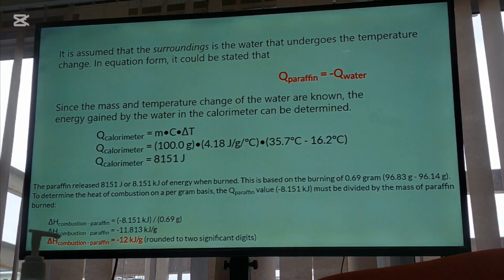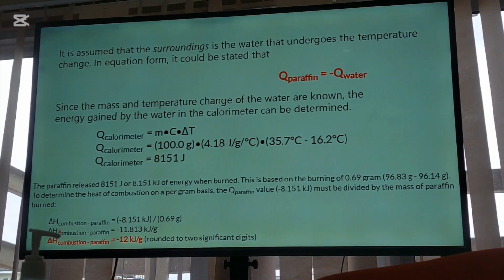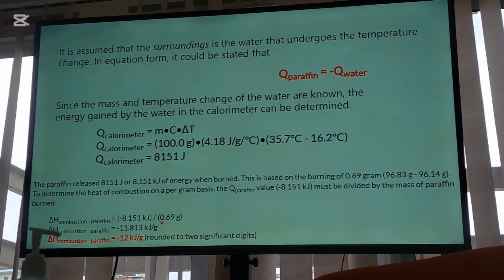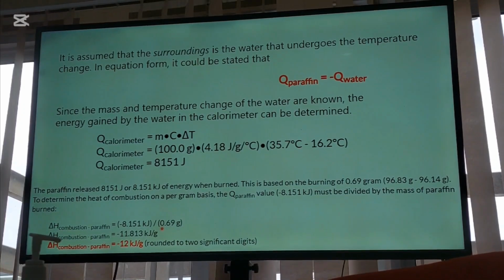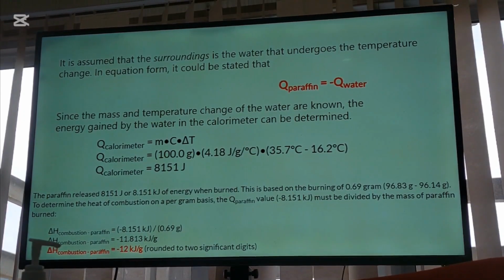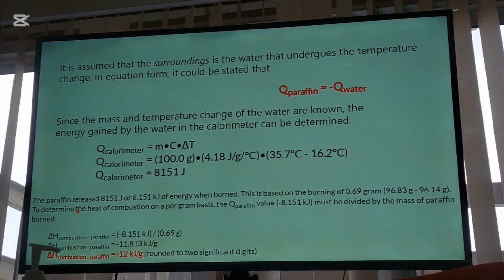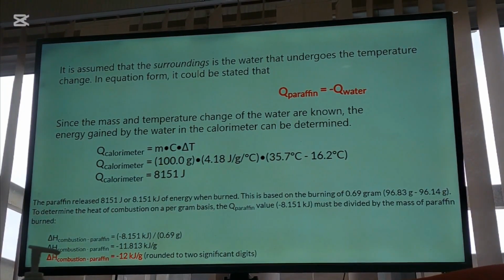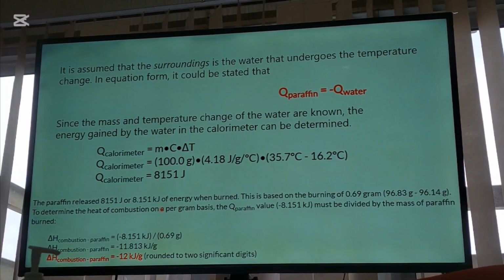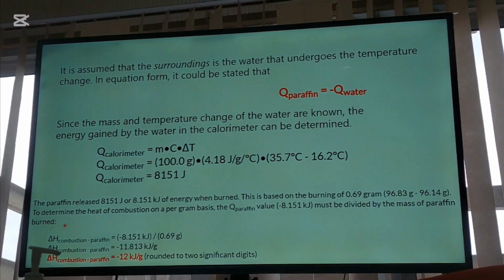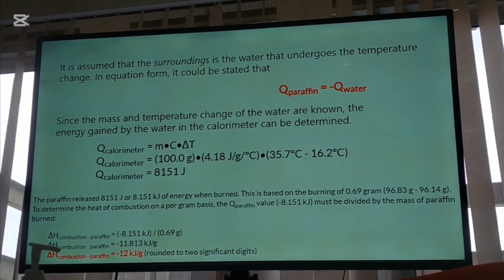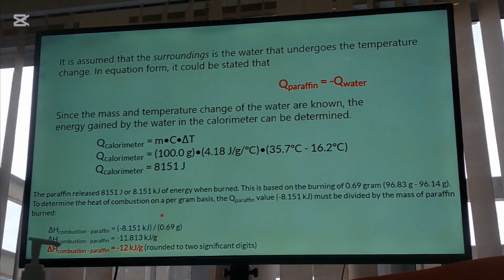This is the calorimeter. So the paraffin will be minus Q water. This is the combustion of paraffin, delta H. If we want to find the combustion, delta H will be like this.